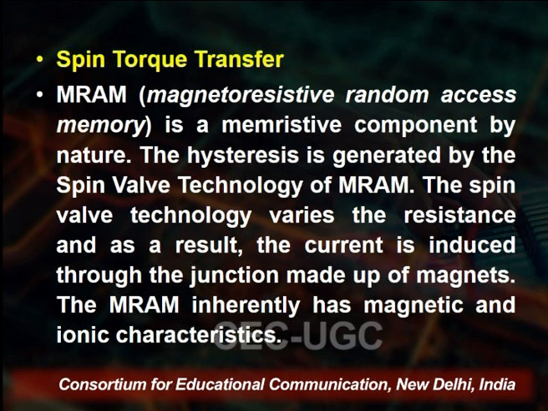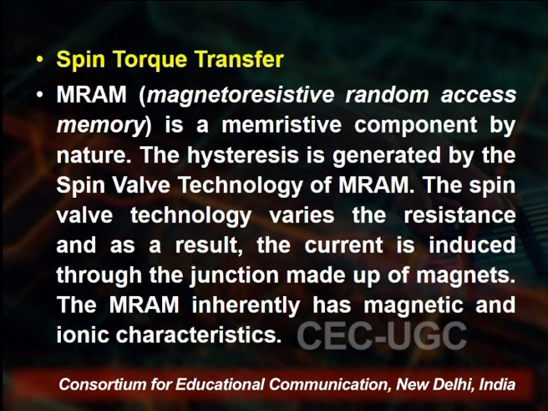The spin valve technology varies the resistance, and as a result the current is induced through the junction made up of the magnet. MRAM inherently has both magnetic and ionic characteristics, both used in this spin torque transfer.